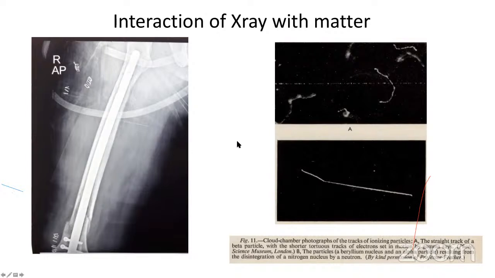In this picture on the right hand side, what you see is the cloud chamber photograph, from the London Science Museum. This picture I've taken from Meredith Massey. In this they show the straight dotted line.